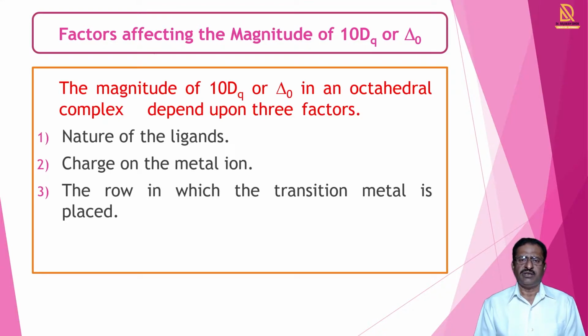First is the ligand, second is the metal, and third is the position of the metal in the transition series. So we see all three factors one by one in detail using suitable examples, and from that we can see how the 10Dq values change.